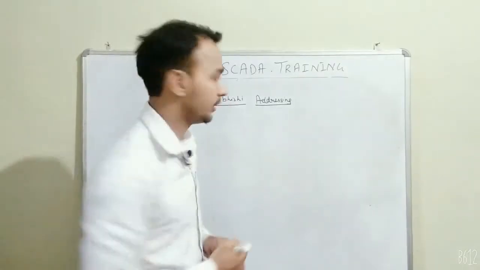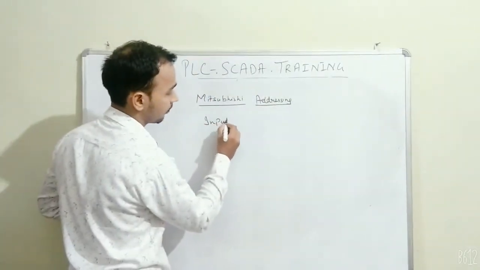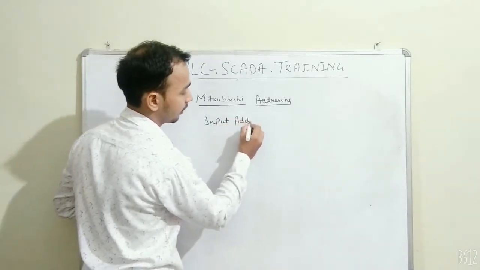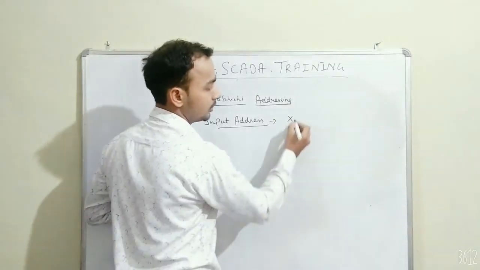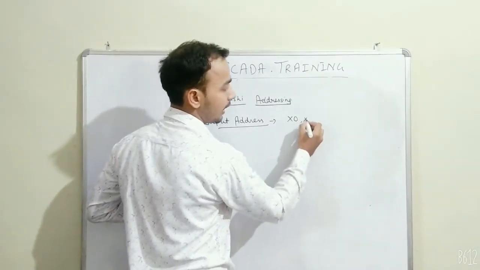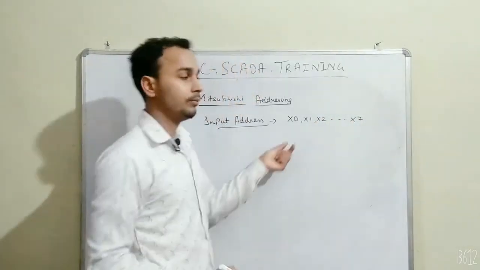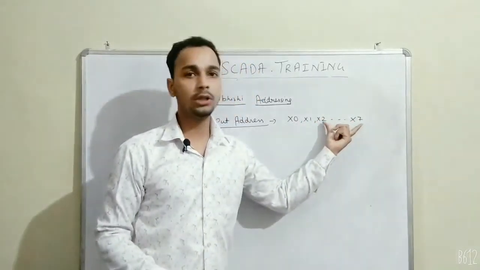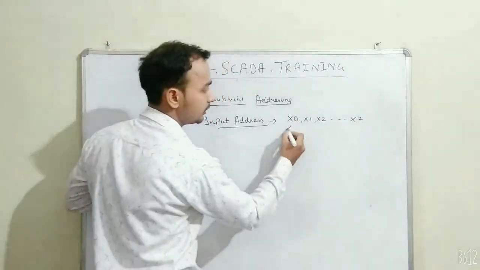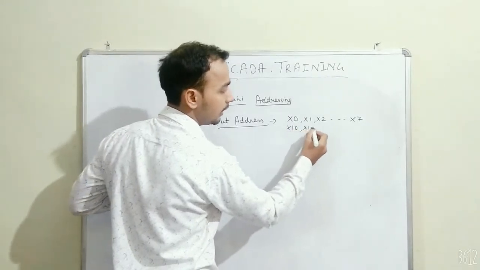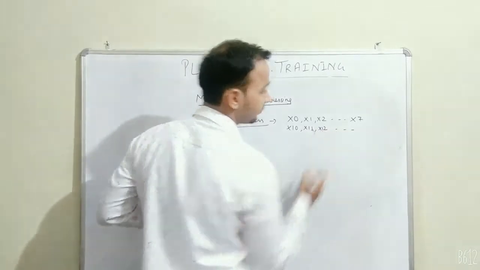So, PLC addressing, Mitsubishi addressing. Input address basically comes in X form: X0, X1, X2, up to X7. Because we always talk about octal programming, after X7 it comes X10, X11, X12, and so on.